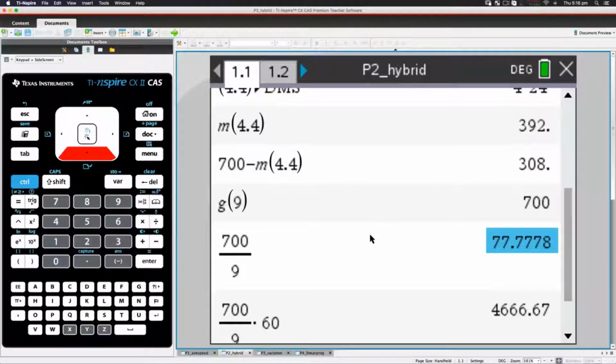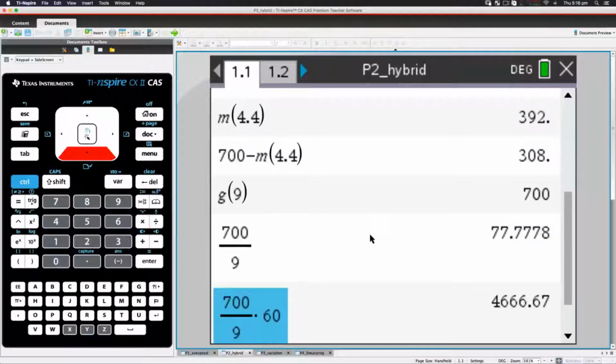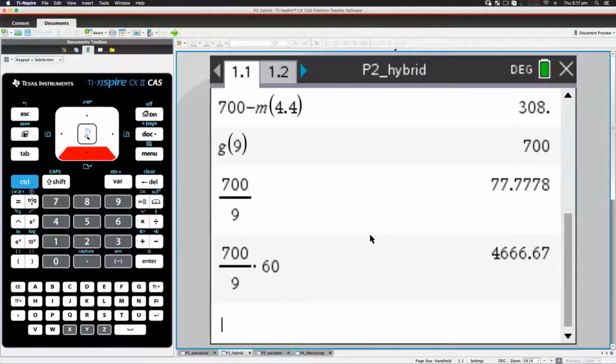And remember, the question asks in kilometres per hour. So if I multiply that by 60, that tells me how many metres he would do in an hour. And then if I divide that by 1,000, I'll see the answer is approximately 4.7 kilometres per hour. So that's what he needs to walk at.